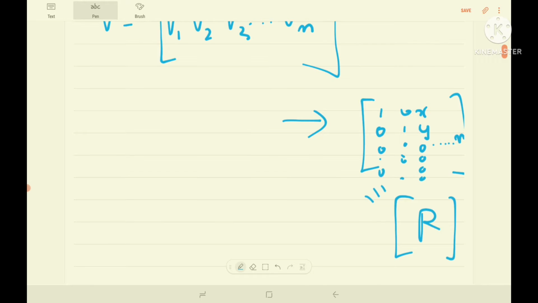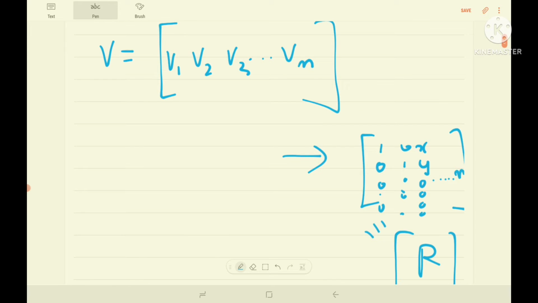On going from V to R, we have done a few permutation and row elimination operations, and I can denote them by matrices. This is a general thing.